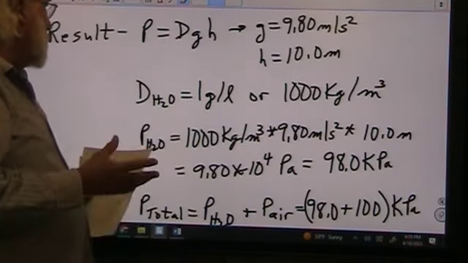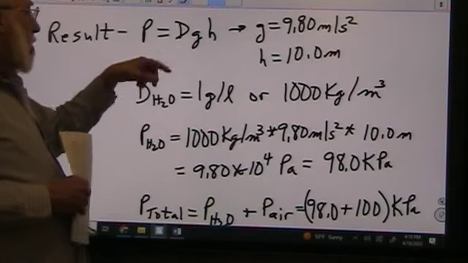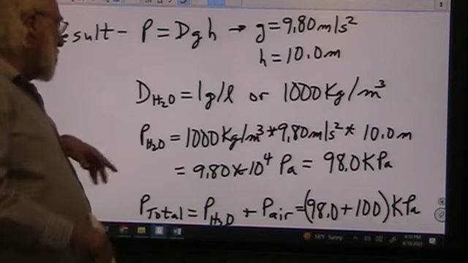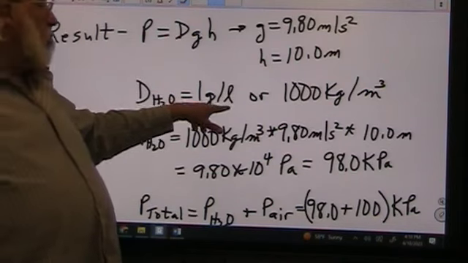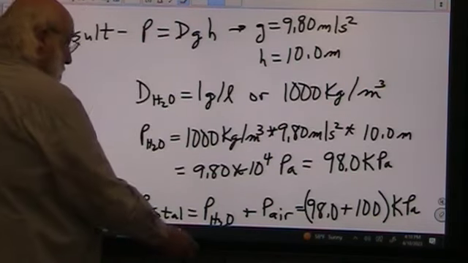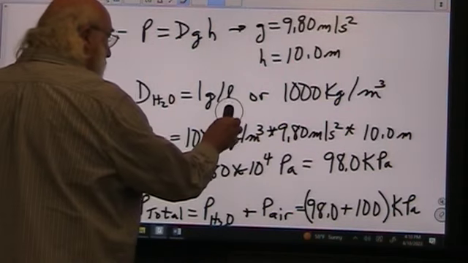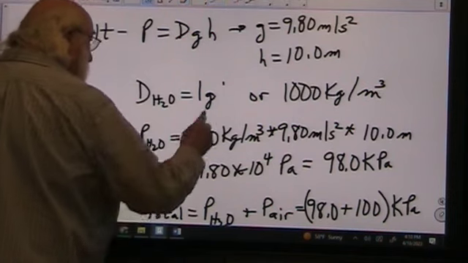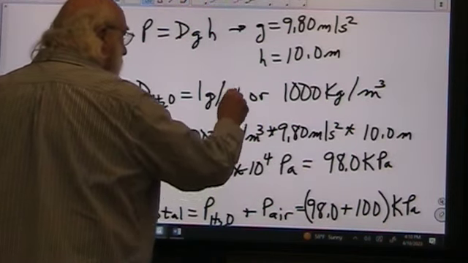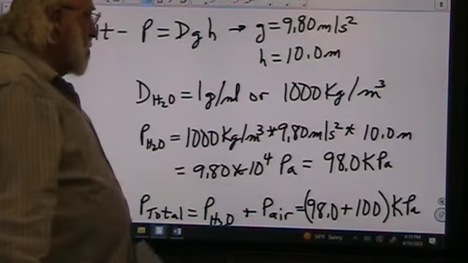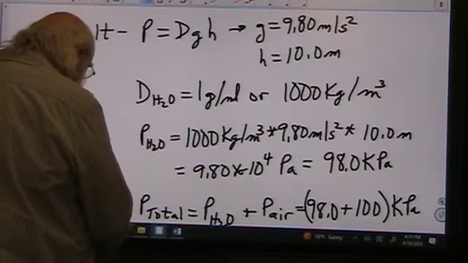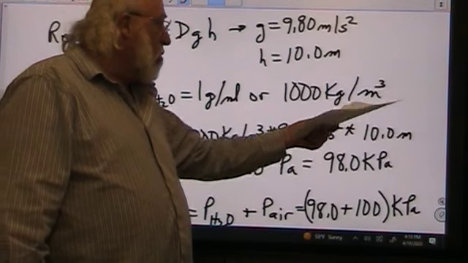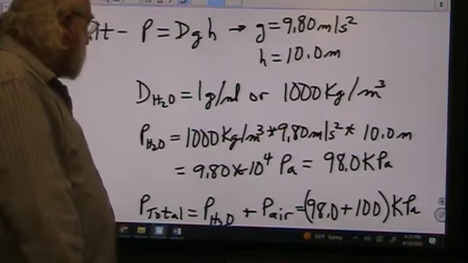So it's basically a change in pressure, but we're going to include all pressures here, as you'll see. Density of water is 1 gram per, not liter, that should be milliliter. So get that correct in there. And in SI units for mass and volume, it's 1,000 kilograms per cubic meter.